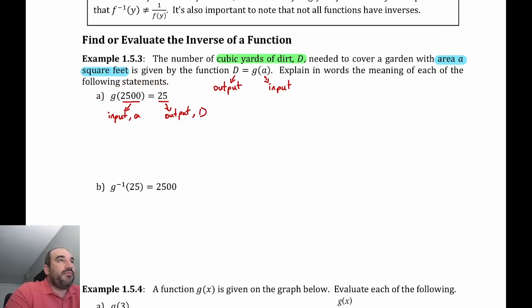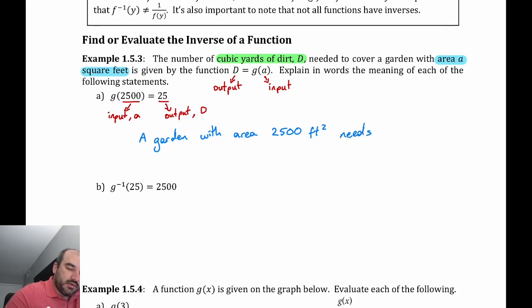The sentence that we want to write would be that this expression represents a garden with area 2,500 square feet needs 25 cubic yards of dirt to cover it.